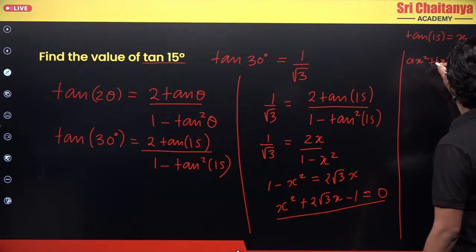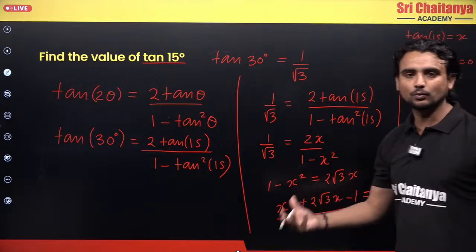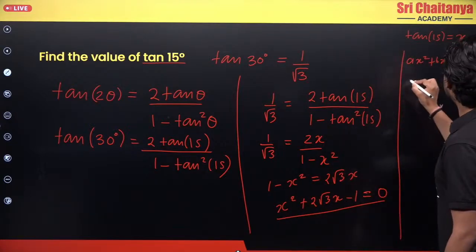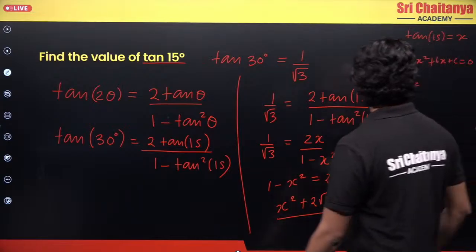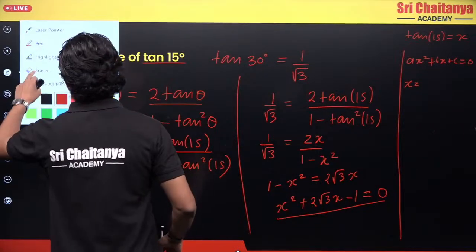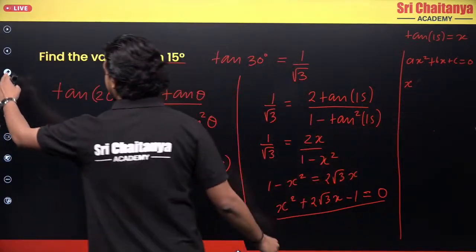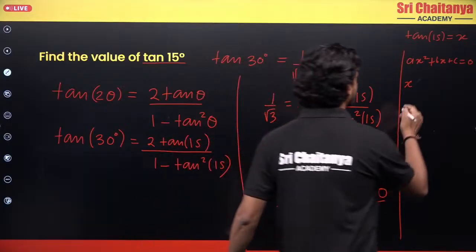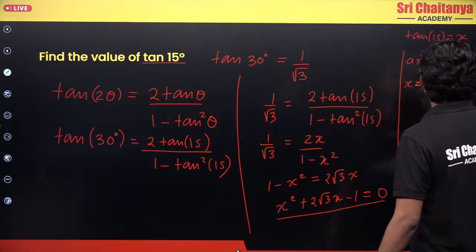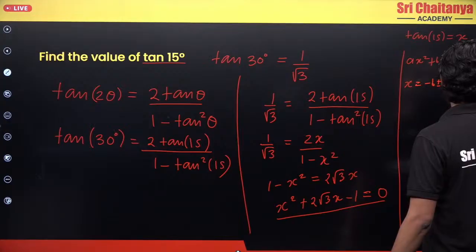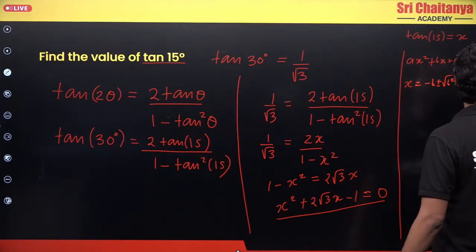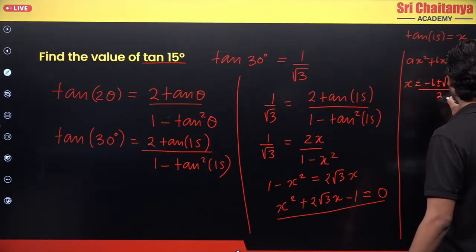The roots are given by x is equal to minus b plus minus under root b square minus 4ac upon 2a.